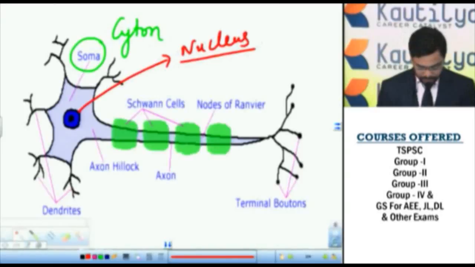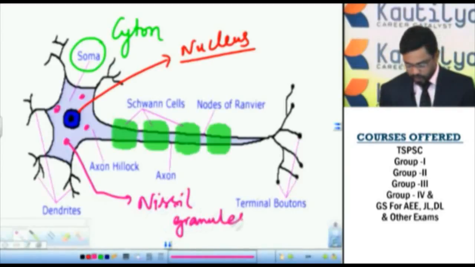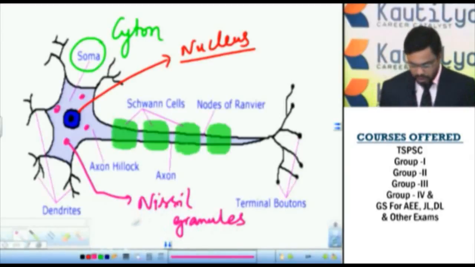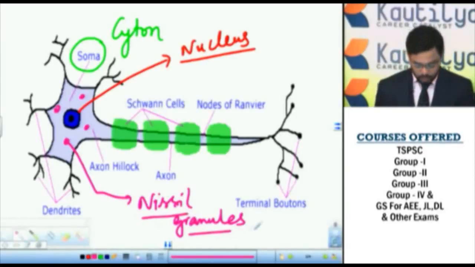Inside the cytoplasm of the cyton, small granules are present. These granules are called Nissl granules, because they were discovered by F. Nissl. These Nissl granules are the site of protein synthesis.